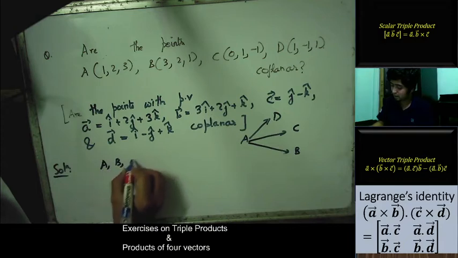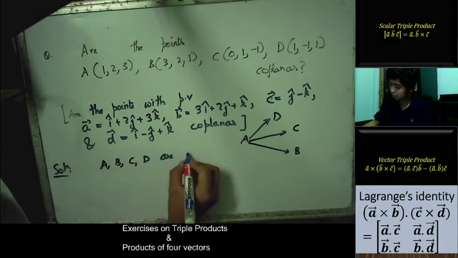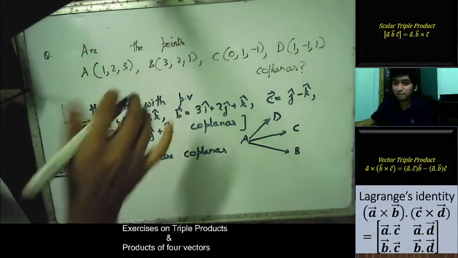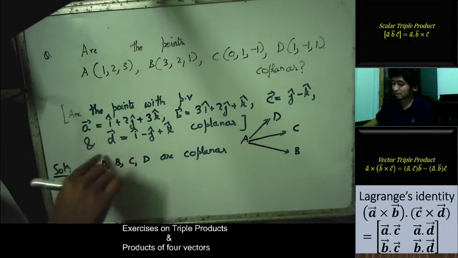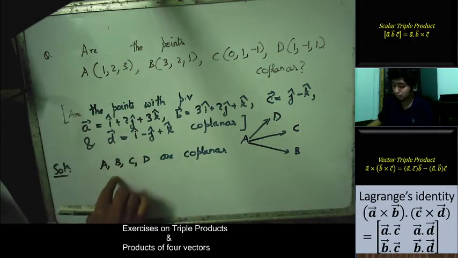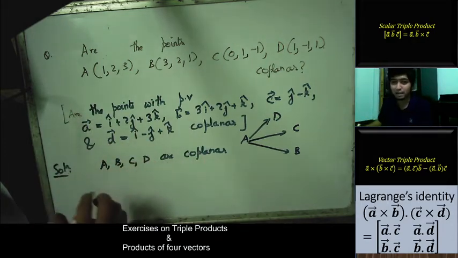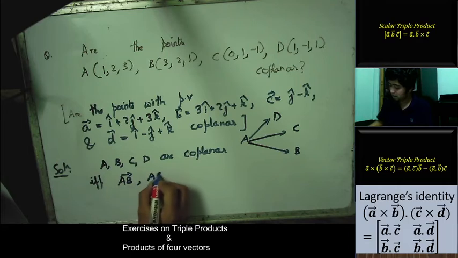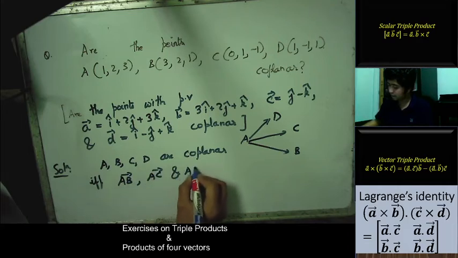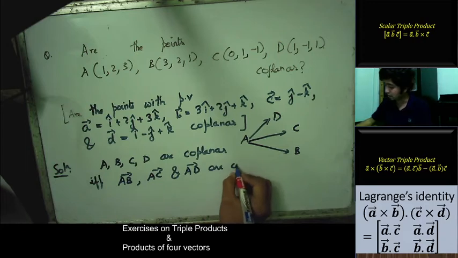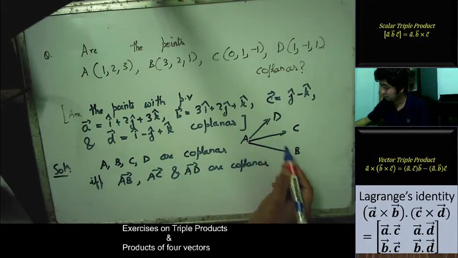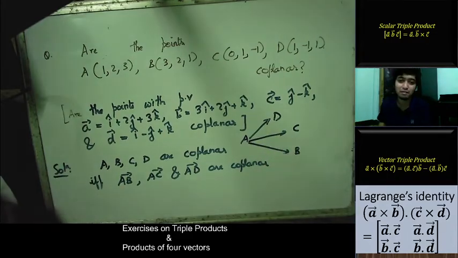Similarly, for this kind of question, you can write A bar, B bar, C bar, and D bar are coplanar if and only if AB, AC, and AD are coplanar. So the 4 points are coplanar if these vectors are coplanar.